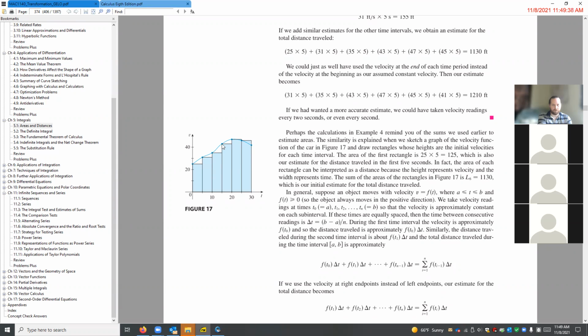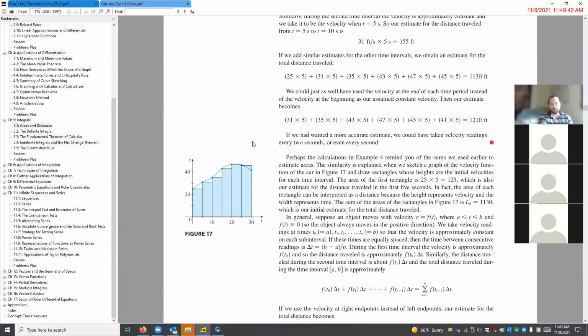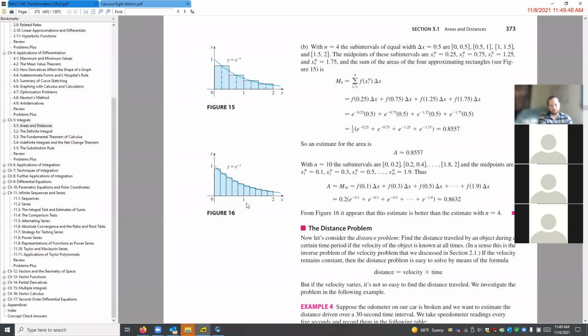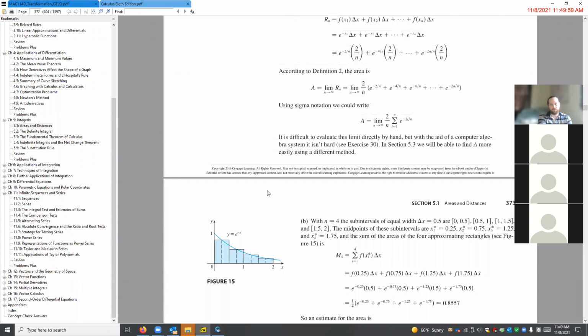Constant, constant, constant, constant, constant. Every time we approximate the area under a curve with some number of rectangles, I'm pretending like that function is constant on each of the subintervals. Now, of course, that's not true, right? And that's why these are approximations rather than exact values.